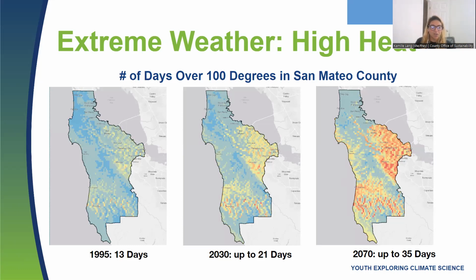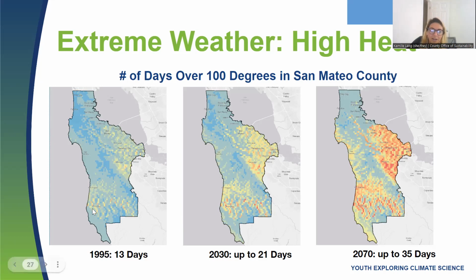In San Mateo County, you can see what we saw historically in the year 1995, in this graph on the left here. In 1995, there were 13 high heat days. And on those high heat days, you can see not every San Mateo County resident was impacted by high heat, just the ones that have the orange. And I think there's just a couple of red dots on the screen.